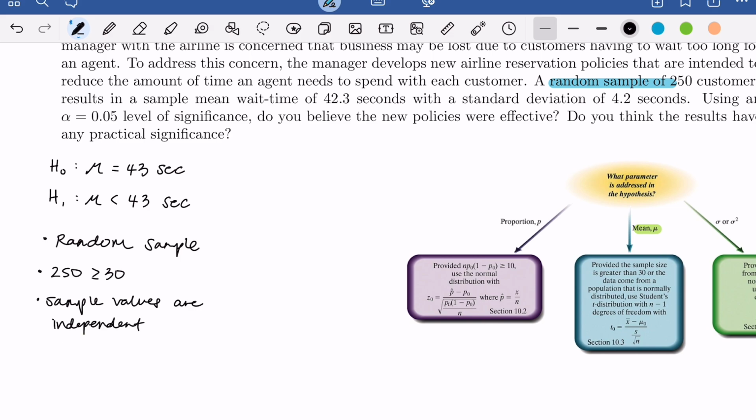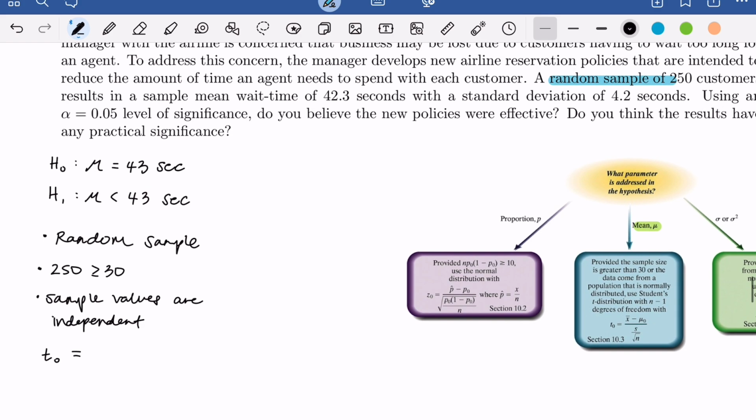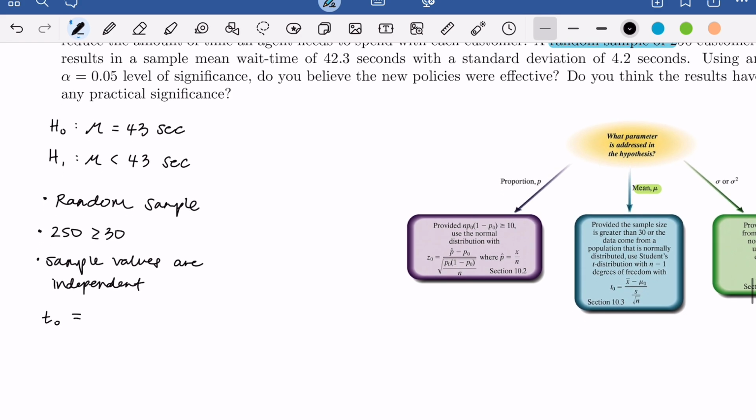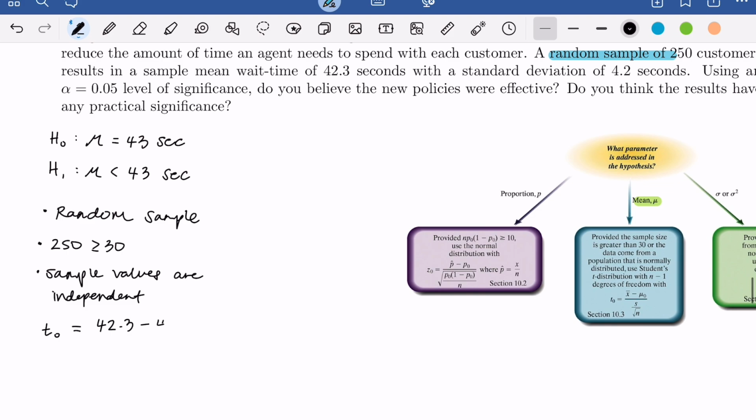Okay, so that's done. The next thing that we need to do is find our test statistic. So this is going to be given by T naught. We know that this is going to be our mean time here, so this is going to be 42.3 seconds minus our mean from our null hypothesis. That's going to be in our numerator.